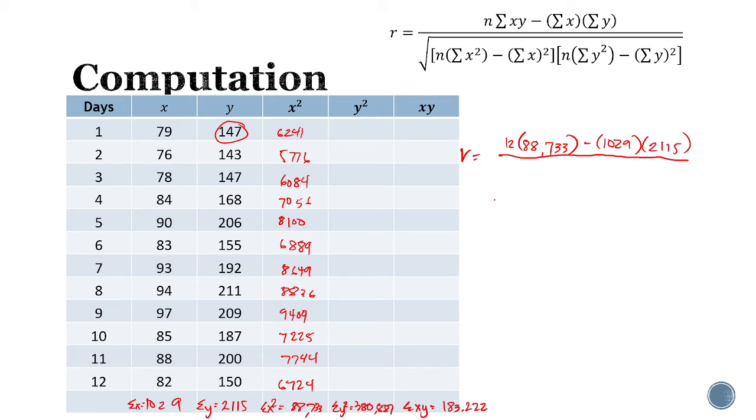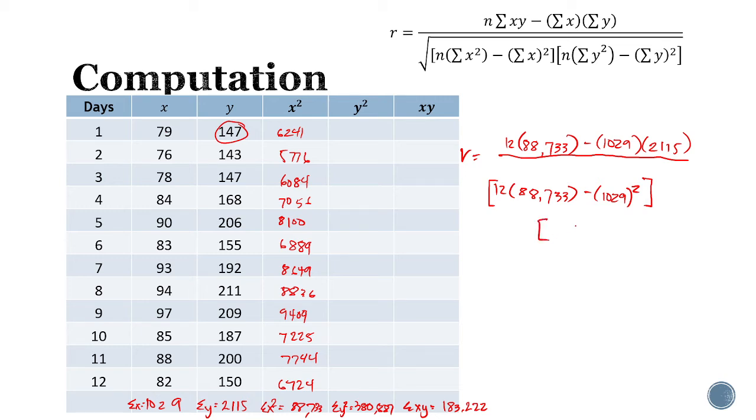That will be divided by, sulat ko muna yung mga nasa loob ng square root natin. So we'll have here 12 times the summation of x squared, which is 88,733, minus the summation of x, which is 1,029 squared. Okay, then bracket dyan.